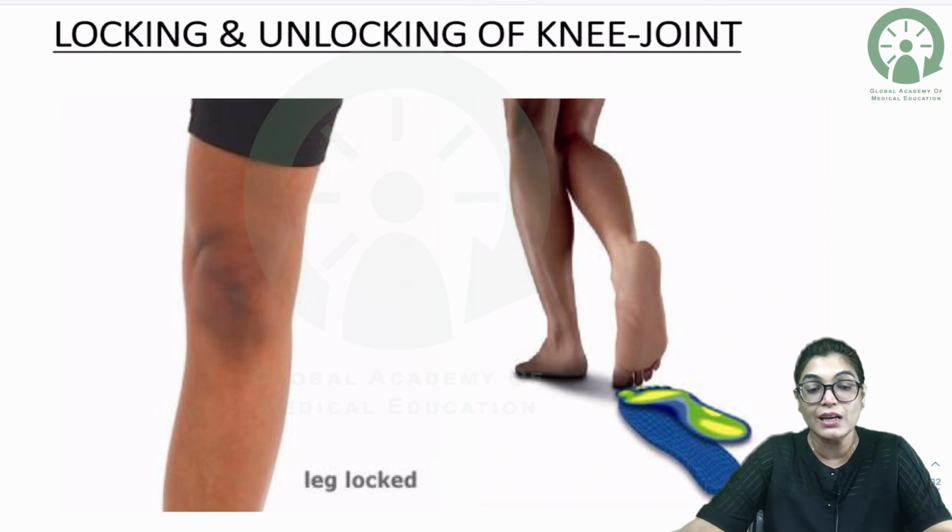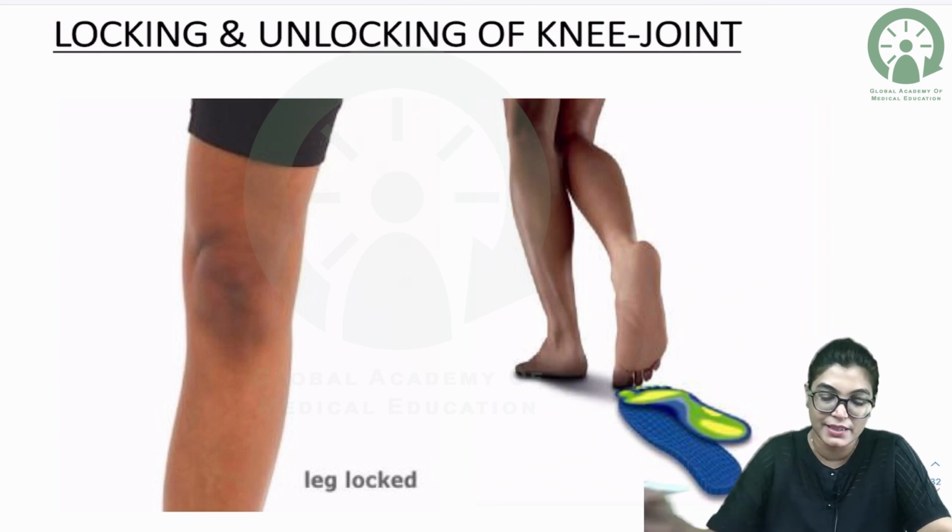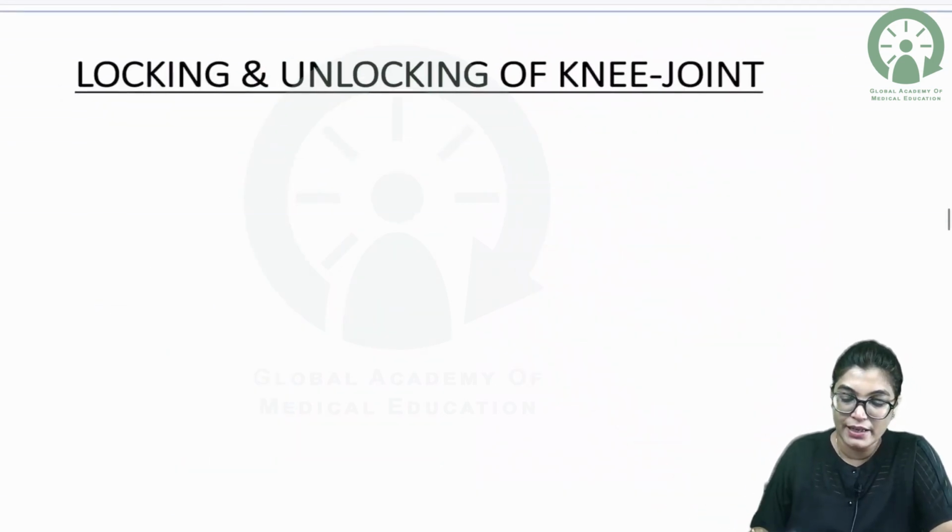Unlocking occurs by lateral rotation of the femur during the initial stage of flexion. Unlocking is done by the popliteus muscle and locking is done by the quadriceps femoris muscle. To be more precise, which component of quadriceps femoris? The answer is vastus medialis. So please write down about locking and unlocking of the knee joint.